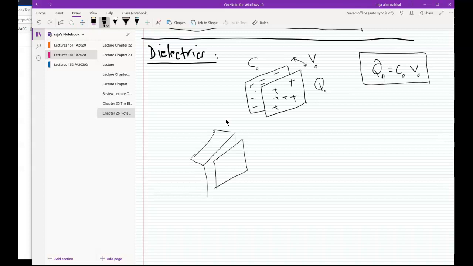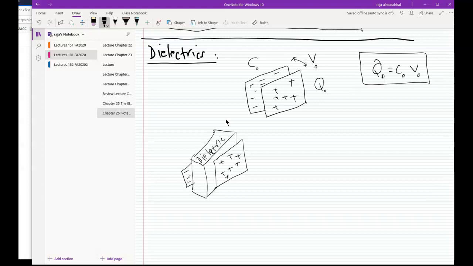This picture doesn't do it justice, but I'm just drawing it for the sake of illustration. So let's say this is the negative plate, this is the positive plate right here, and this is the insulating material, the dielectric. I put it in there, and it completely fills it.